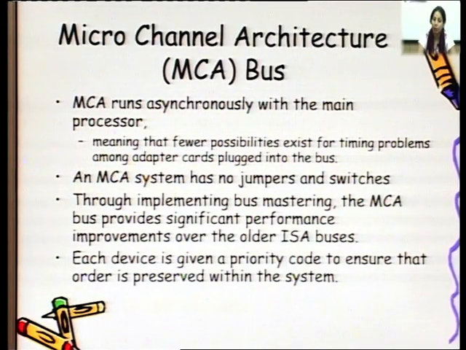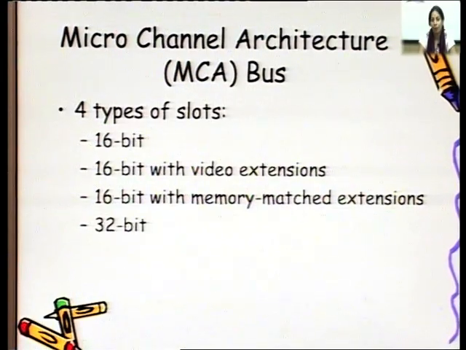If we see the differences between ISA slots and MCA slots, MCA slots have the significant feature of bus mastering, where each device is given a priority code to ensure that order is preserved within the system. So we have 4 types of MCA slots: 16-bit, 16-bit with video extensions, 16-bit with memory matched extensions, and 32-bit.